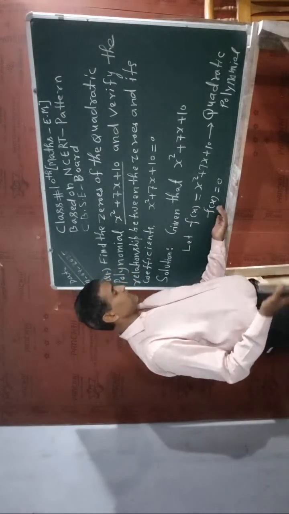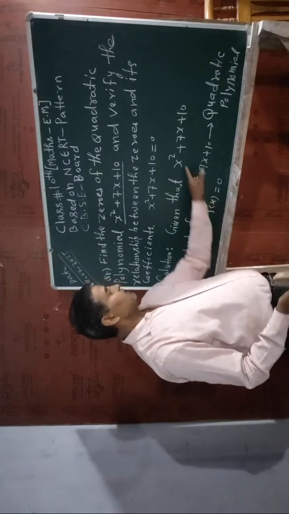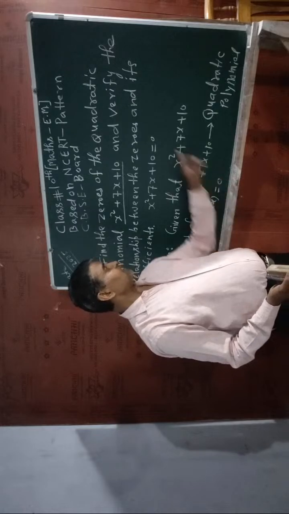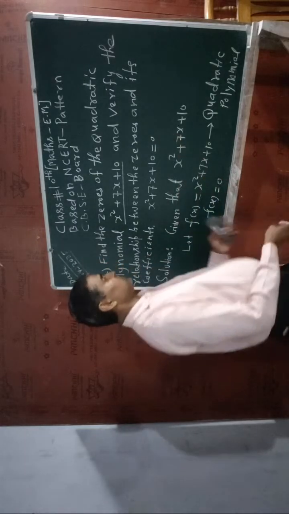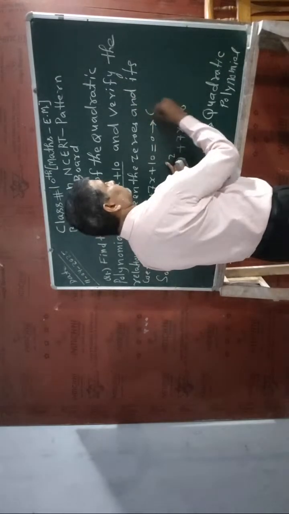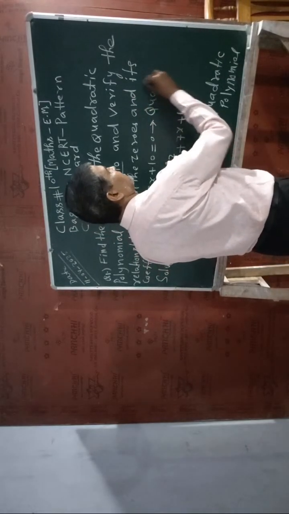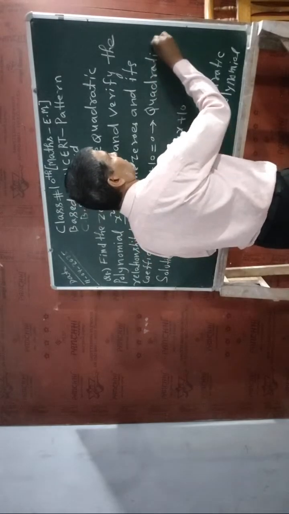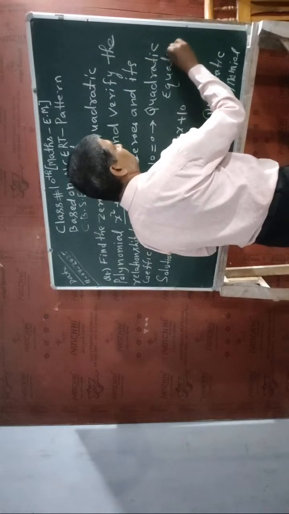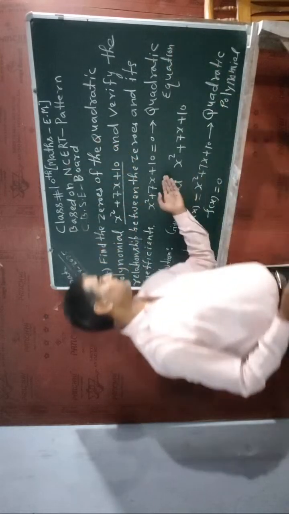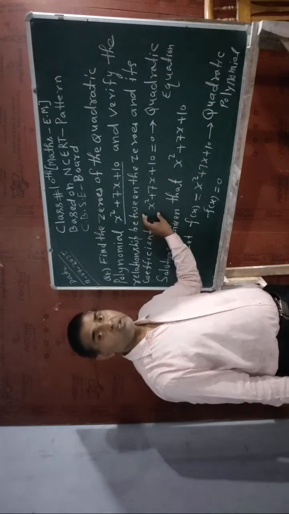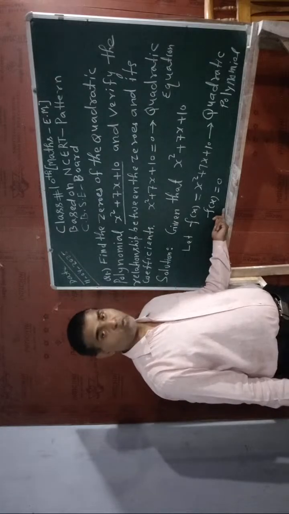Now on the left hand side I write x square plus 7x plus 10, and on the right hand side I put 0. So this will become a quadratic equation. Okay student, you have to write this information down.